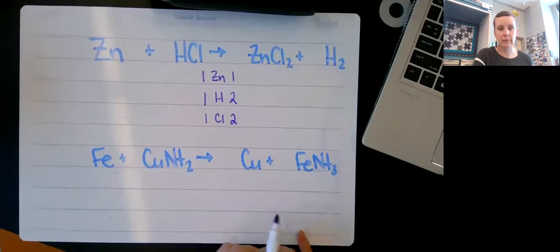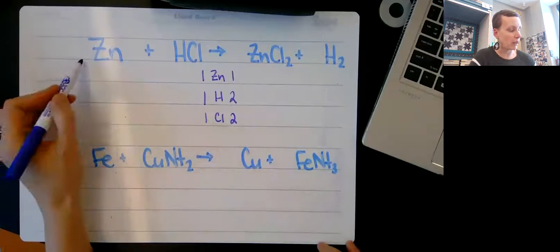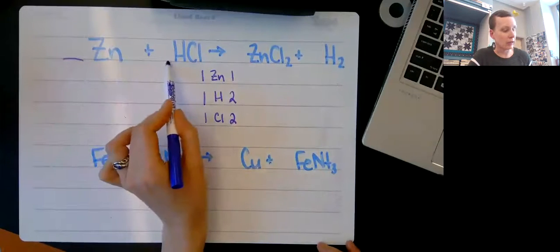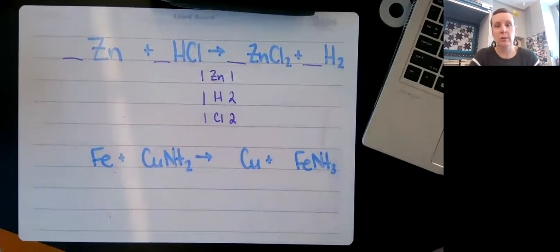Okay. All right. Remember, when we're balancing, all you are allowed to do is put numbers in front of substances. So I can put a number out here. I can put a number here. I can put a number here. And I can put a number here. I don't have to put a number in any of those spaces if it's already balanced, but I can put numbers there. I cannot put subscripts.